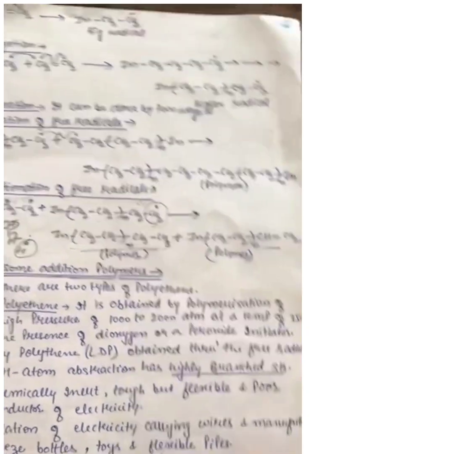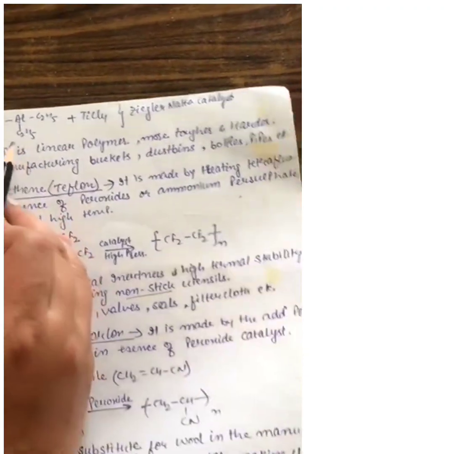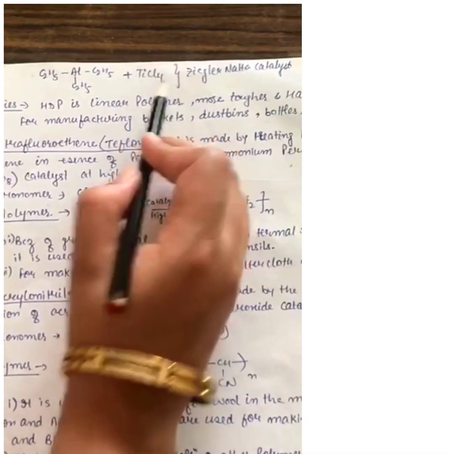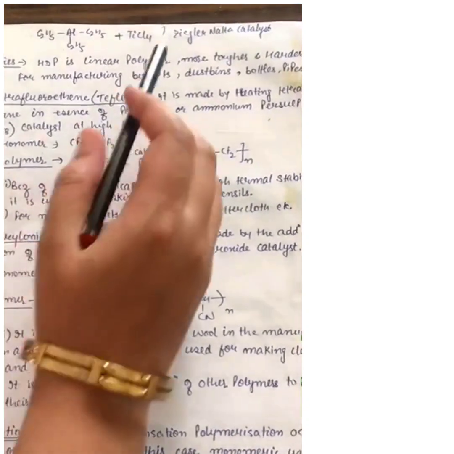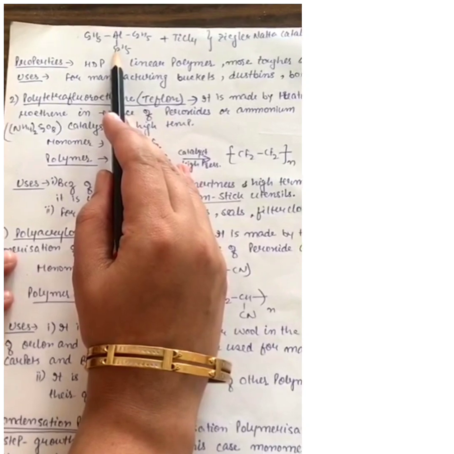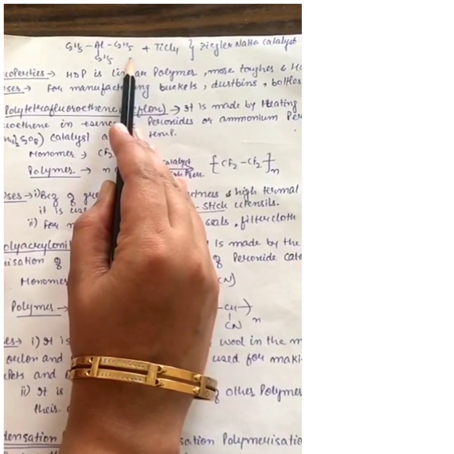I'll show you the structure. This is triethyl aluminium and titanium tetrachloride. This is known as our Ziegler-Natta catalyst. While doing the polymerization using the monomer ethene, we will put this catalyst over here and we will get the high density polythene.